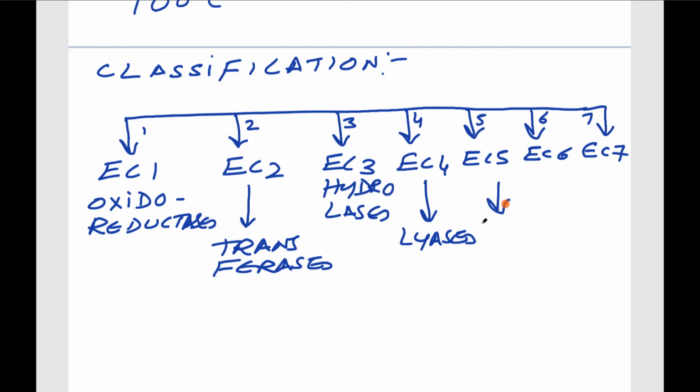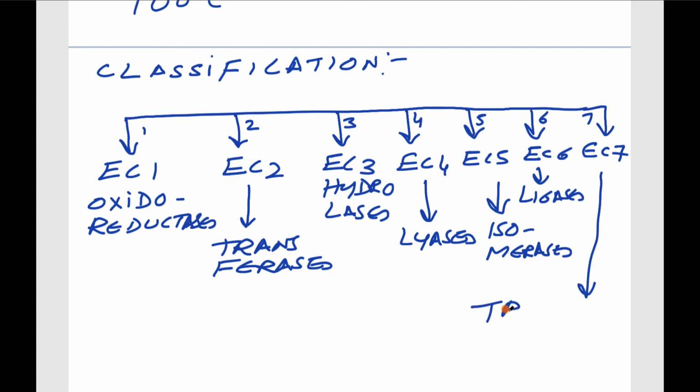The fifth one is isomerases. The sixth one is ligases. The seventh one is translocases. So they are the 7 classes of enzymes.